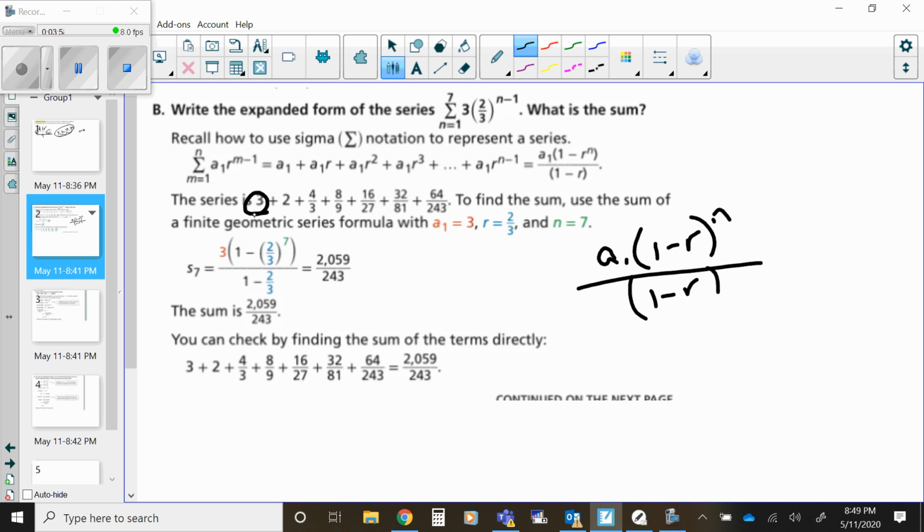That's right there. Your common ratio, if you look back here, this is the formula where you have A1 R to the n minus 1. So you can get your R from here, which is what they did. R was the 2/3. That's right there. And then since we're going to 7, that's the highest. It's going to be how many terms there are. So that's what they did.